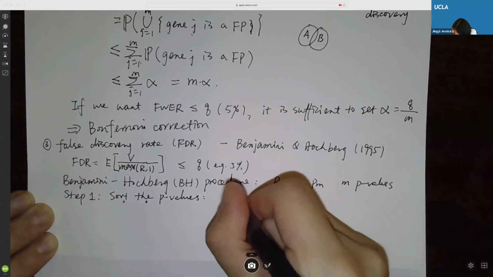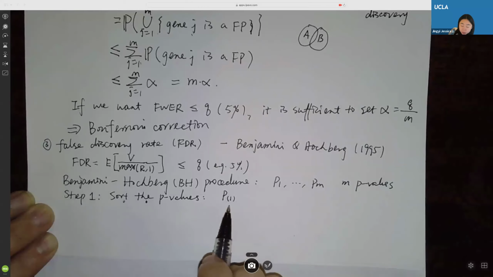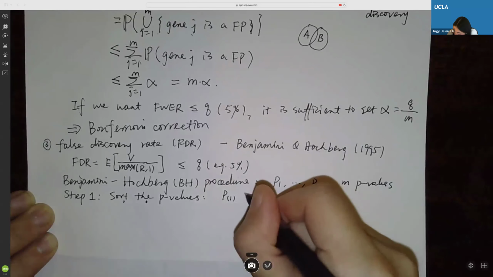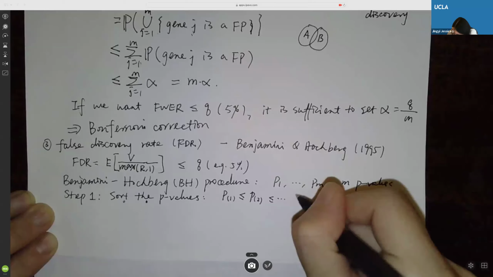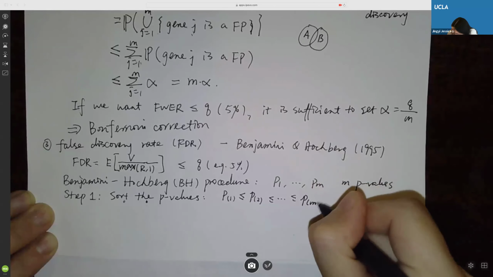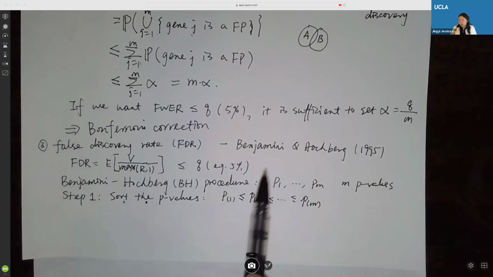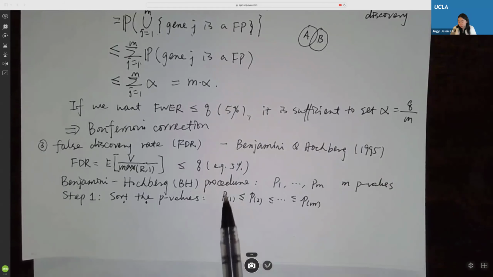We put a number in parentheses to mean that it's ordered. So P(1) is less than or equal to P(2), and so on, up to P(m). This P(1) must be one of the original p-values, but we don't know which one it is. Notation-wise, we just use P(1) to mean the smallest p-value.